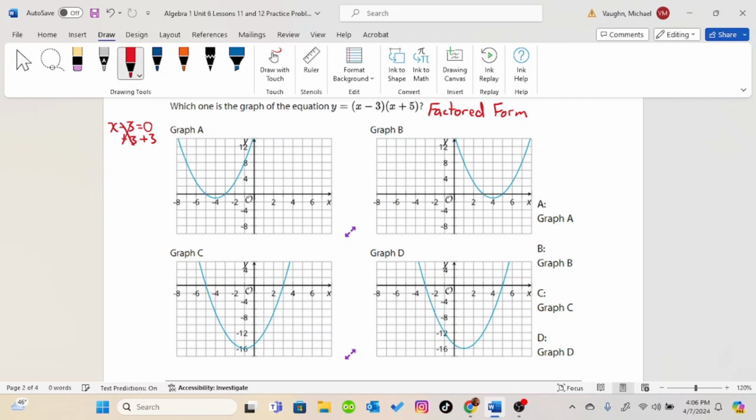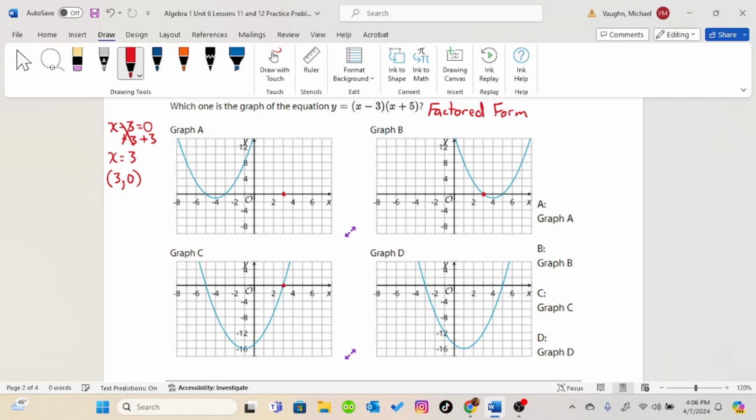So on the first one, we add 3 to both sides to eliminate it from the left, and we get x equals 3. So we know we're going to have a point where it crosses at x equals 3.